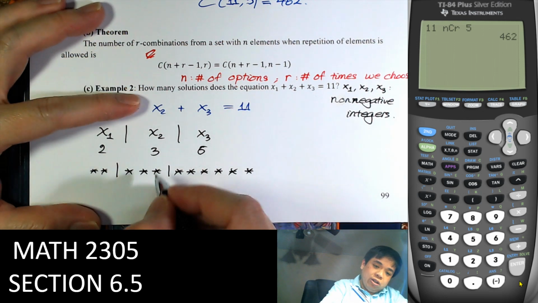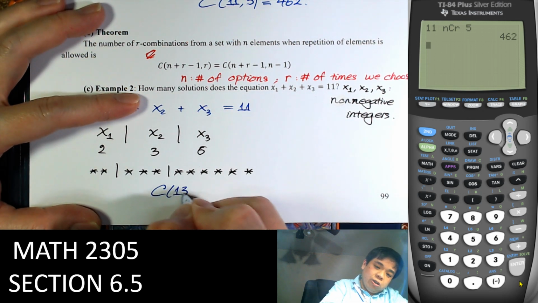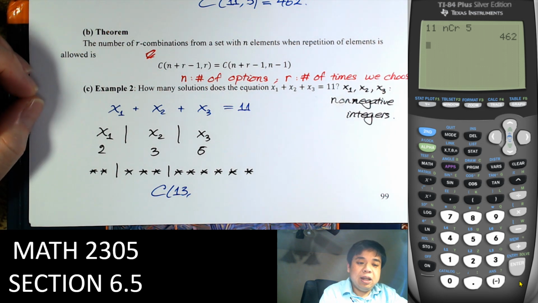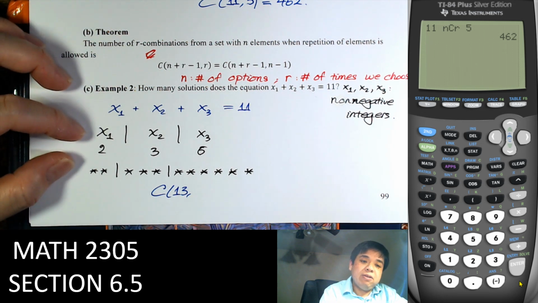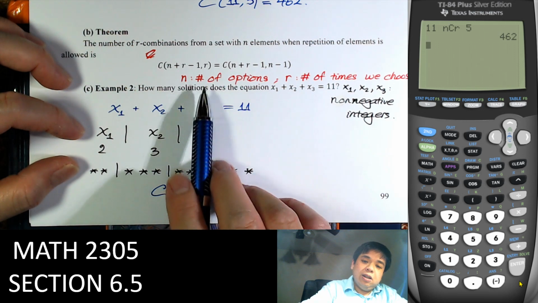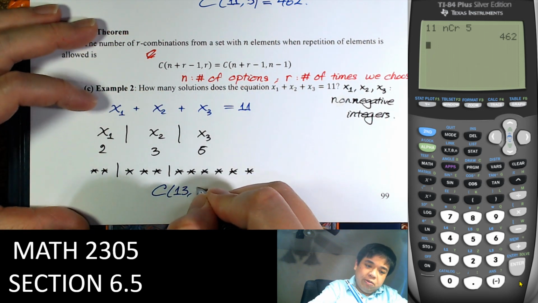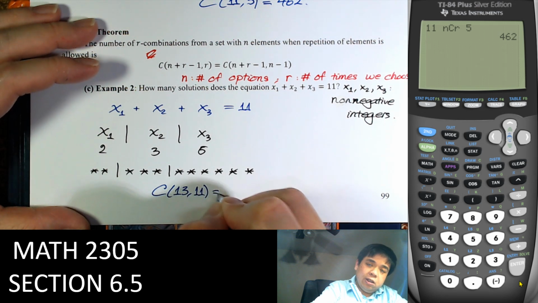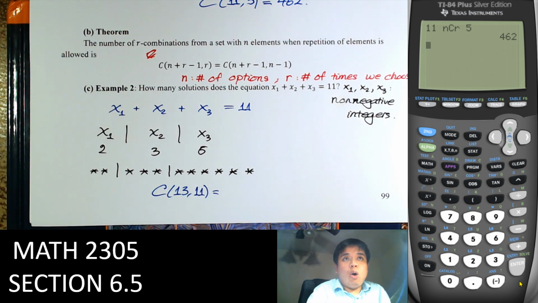And so the way to do this is we have 13 in total, and we have to choose how many stars we have. That will be 11, or 2 pretty much.